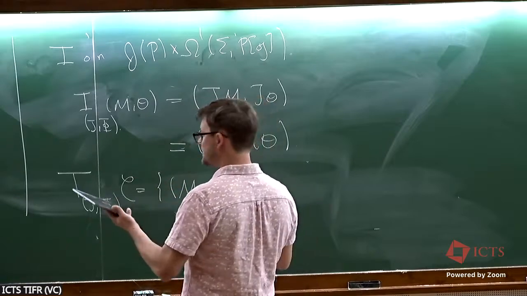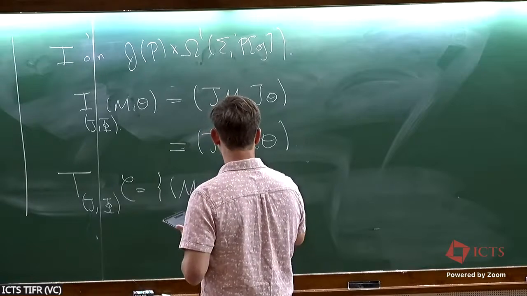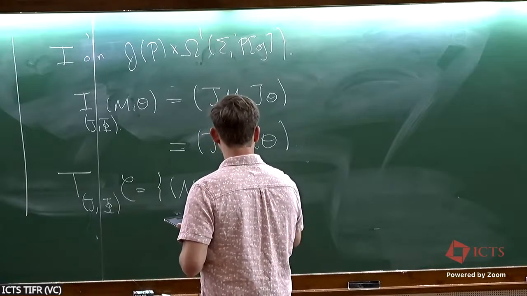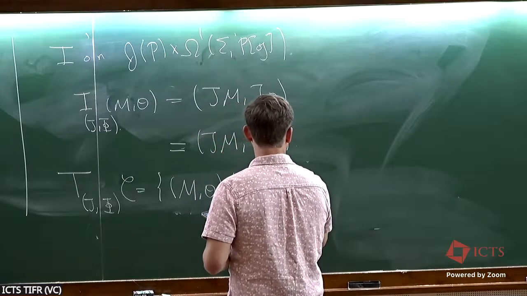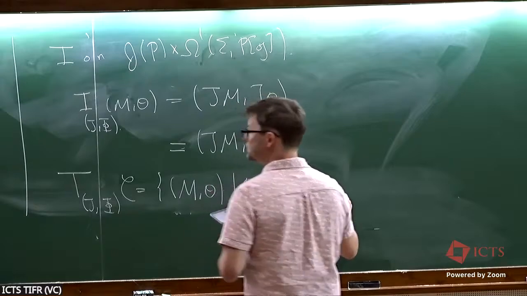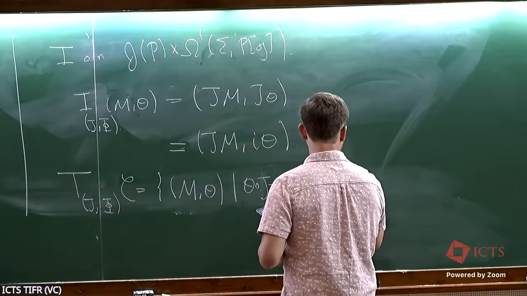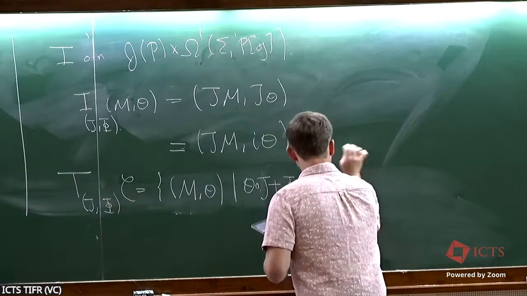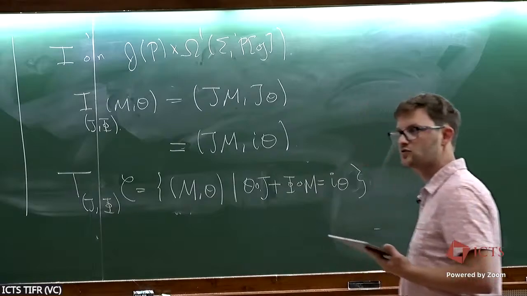So when I differentiate that, I get theta composed with J, plus phi composed with m, is equal to i times theta. Okay, so this is supposed to be a small theta, but I didn't anticipate having to write so big.